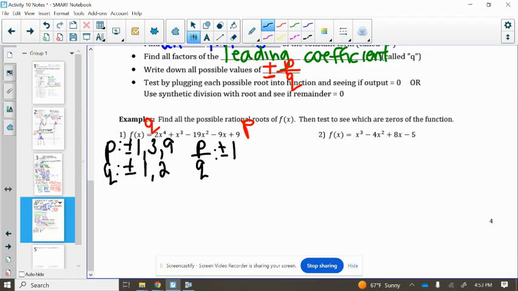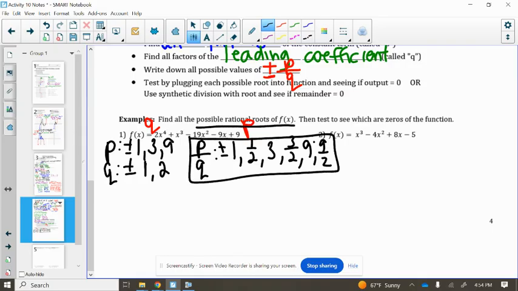So 1 divided by 1, 1 divided by 2, 3 divided by 1 is 3, 3 divided by 2 is 3 halves, and then 9 divided by 1, and 9 divided by 2. So these are all of our possible roots.